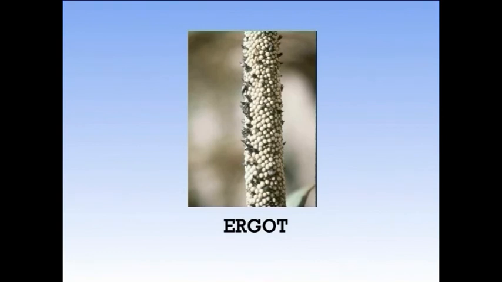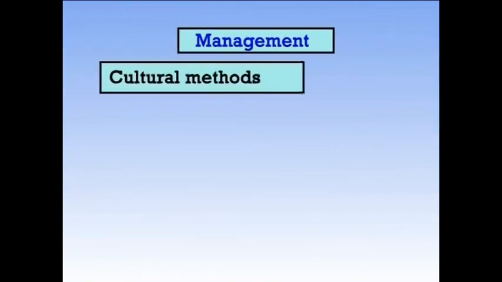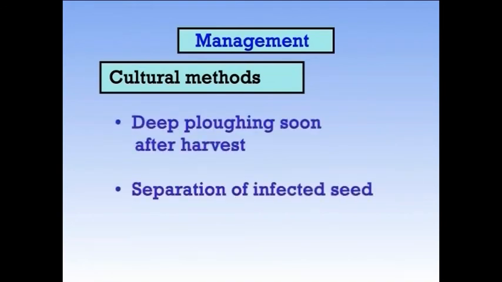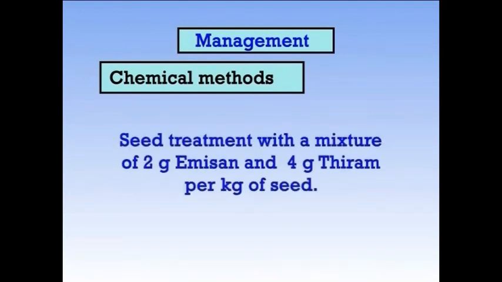Next disease is ergot disease. Causal organism is Claviceps fusiformis. Its cultural management practices include deep plowing soon after harvest and separation of infected seeds. Chemically, this can be managed by treatment of seed with a mixture of 2 grams Emisan and 4 grams Thiram per kg of seed.